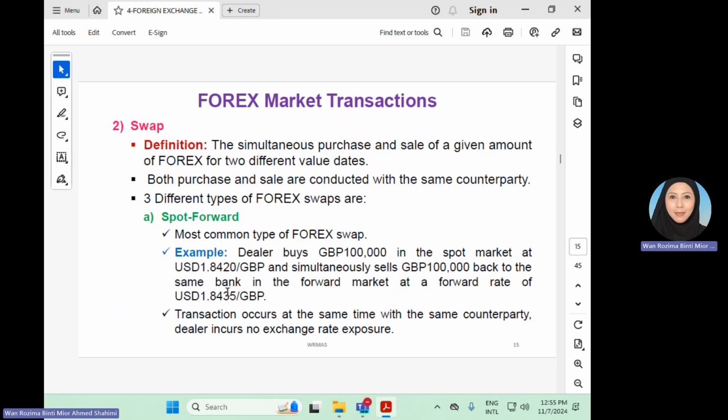I write it down first. This one is just an example, not based on the quotation.